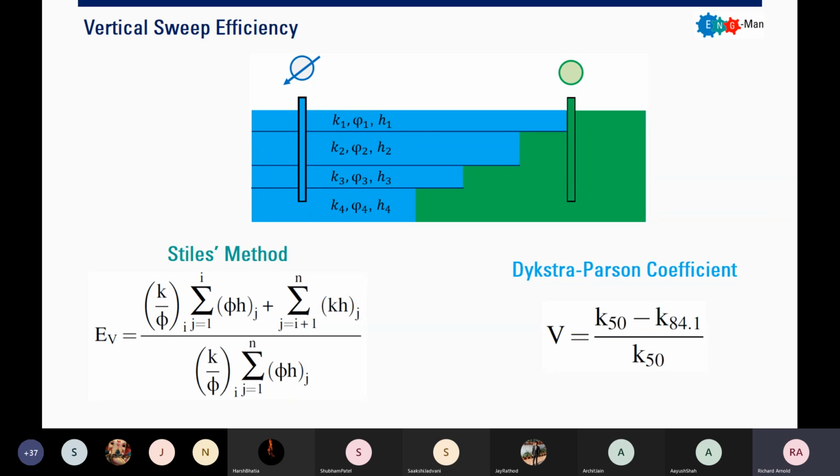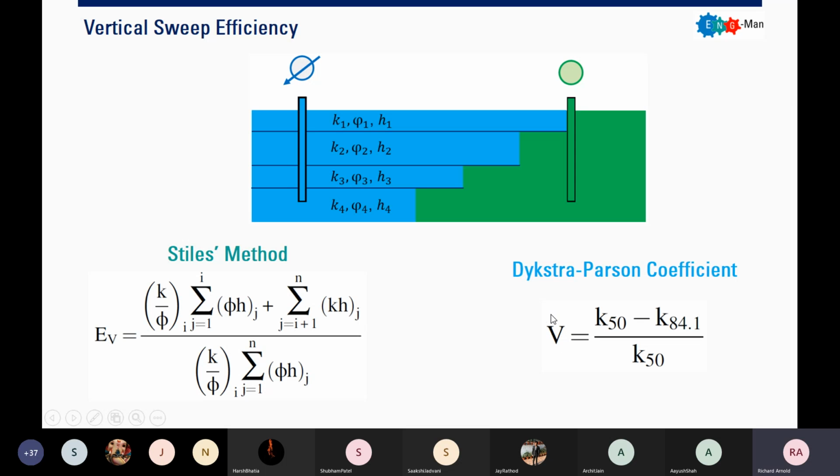Right? So how do we actually calculate or estimate our vertical sweep efficiency? There are a lot of approaches. We can do the Stiles method, okay, provided that you know your permeability trend within each well. And you also need to do the Dykstra-Parsons coefficient analysis to obtain this V parameter, which will represent your heterogeneity.